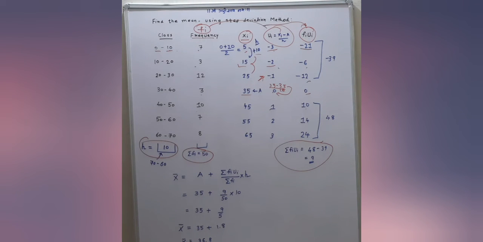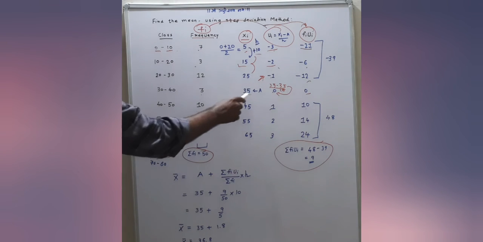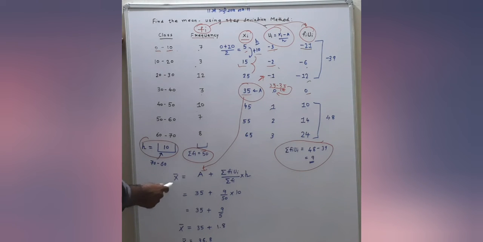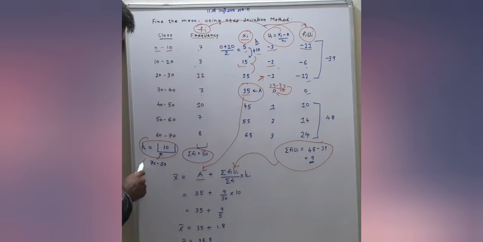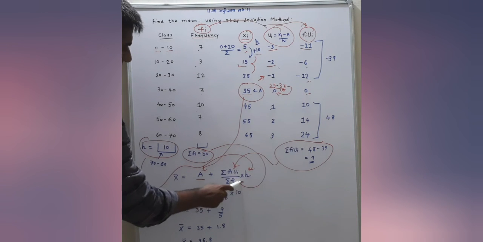Now again x bar is equal to, we know, a plus sigma fi ui upon sigma fi, into h. So a is 35, sigma fi ui, that is 9. I just now need to put the values in the equation. That means the equation is x bar is equal to a plus sigma fi ui upon sigma fi into h, where a is equal to 35, sigma fi ui we put here, h we put here, and sigma fi here.